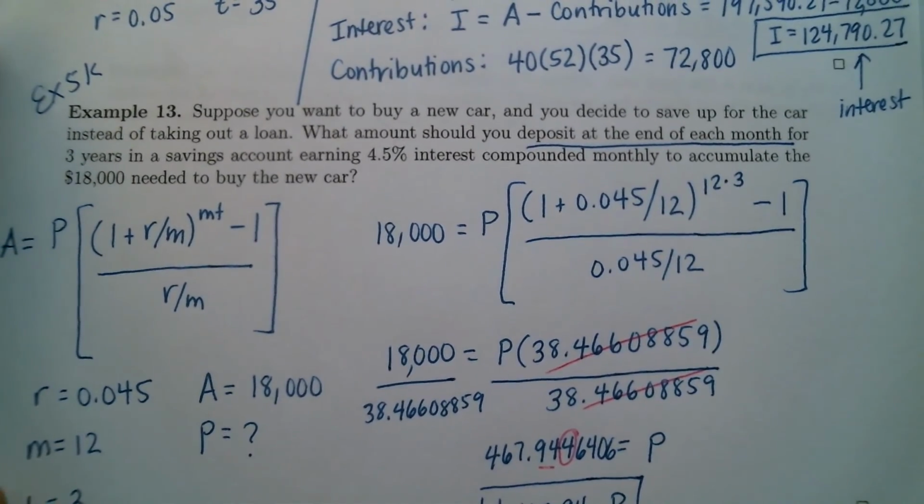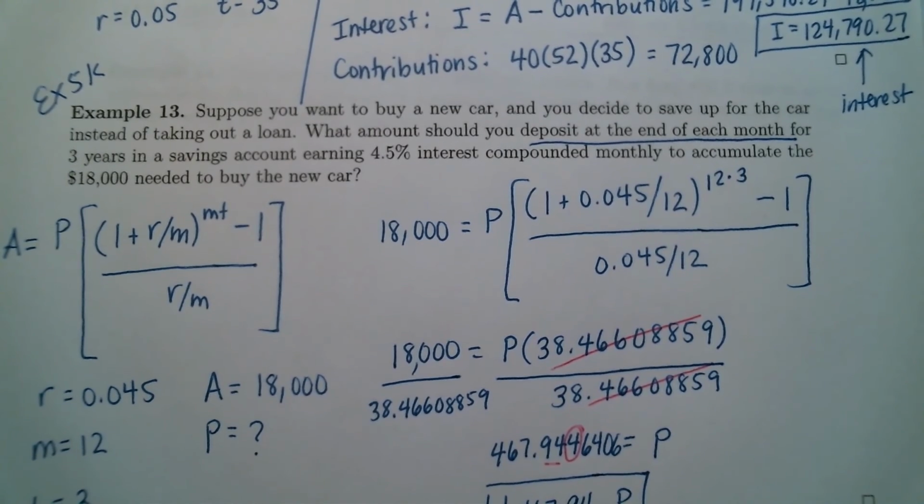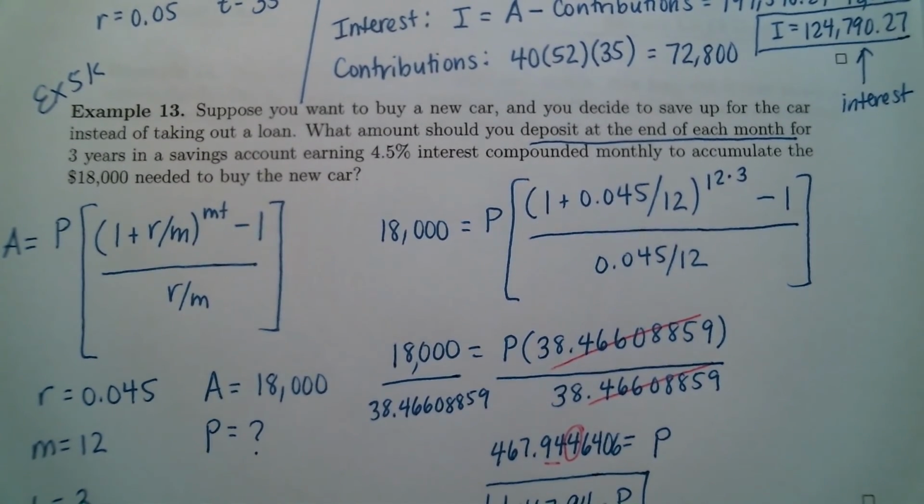We were buying a new car, and instead of taking out a car loan, we decided to save up for the car through a savings account. So what we had to calculate was the amount of money that we needed to deposit every month in our savings account. The savings account earned 4.5% interest compounded monthly, and we wanted to make these monthly contributions over a 3-year period and accumulate $18,000 to purchase our car.